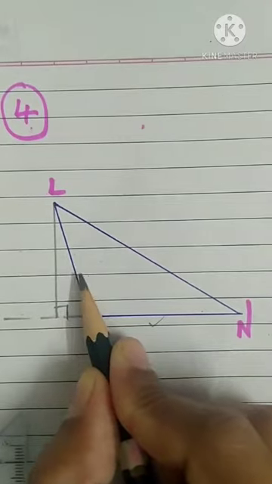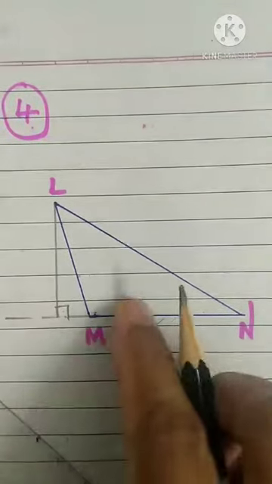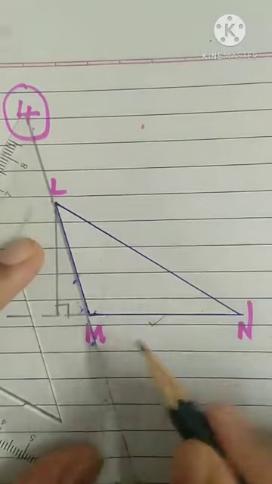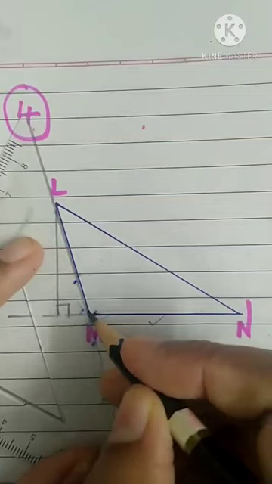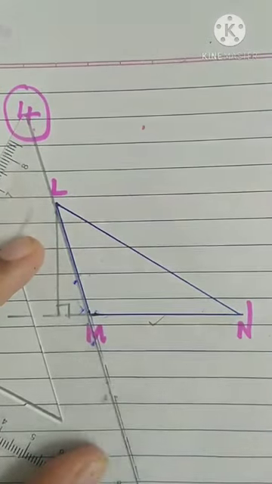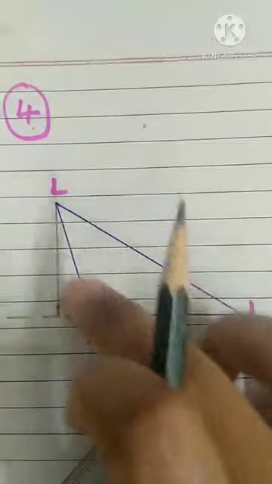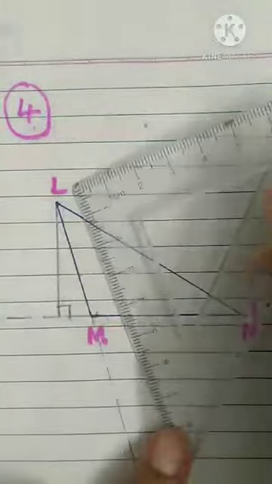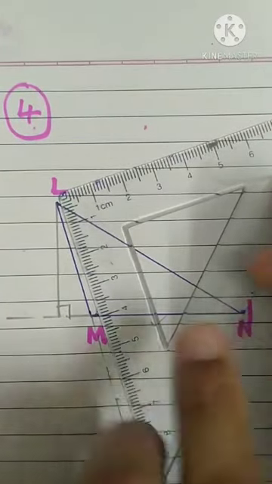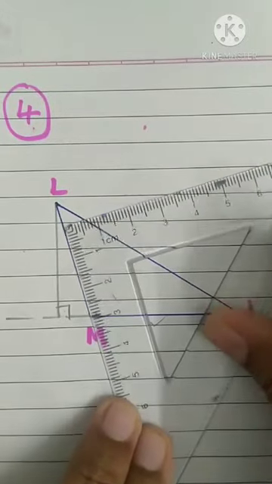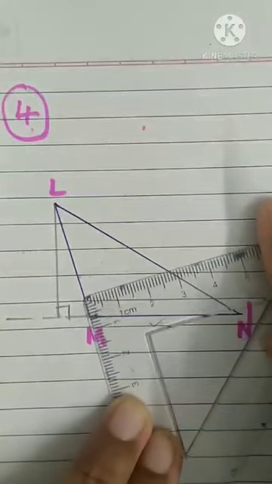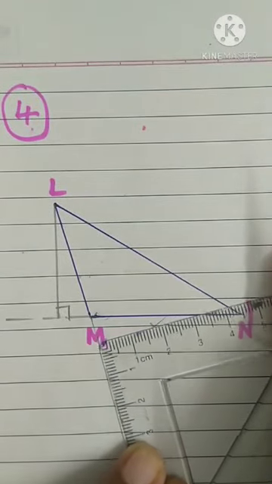Let us draw the altitude for LM. As you did for MN, LM also we will extend. Pause and do with me. Now extend LM. Extended. Now keep the base of the set square on LM, and slowly, LM's opposite vertex is N. Slowly move the set square this way, and this side should touch N. Go, go, go.